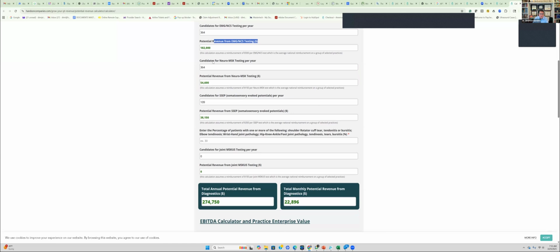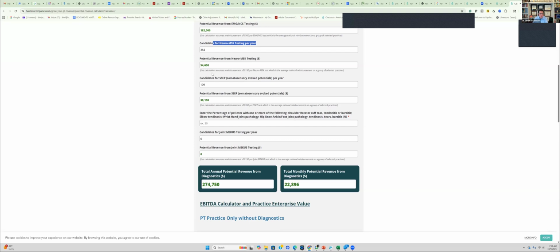It will show you also the number of candidates for Neuro-Ultrasound and the potential revenue from Neuro-Ultrasound, as well as the number of candidates for SSEP testing and the potential revenue from SSEP testing.